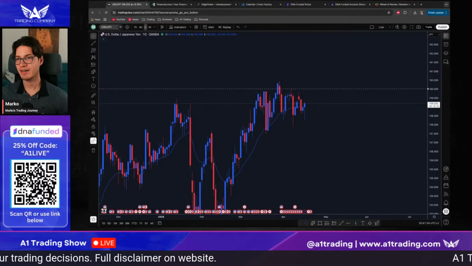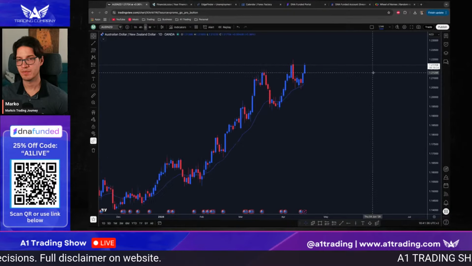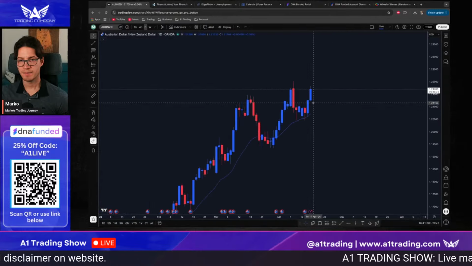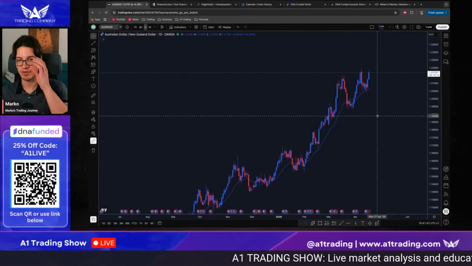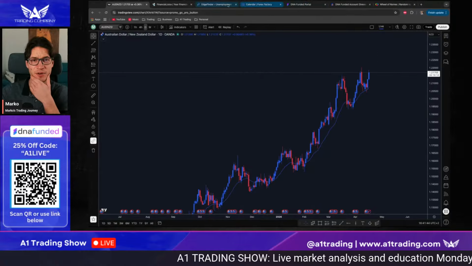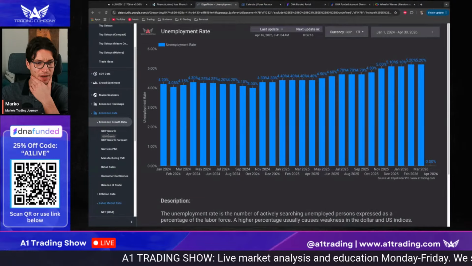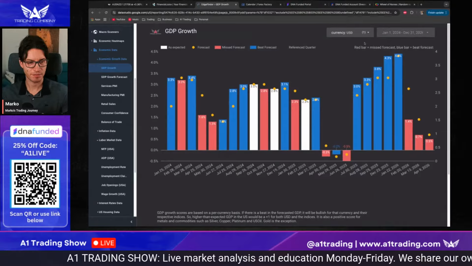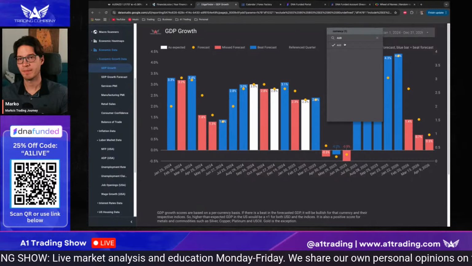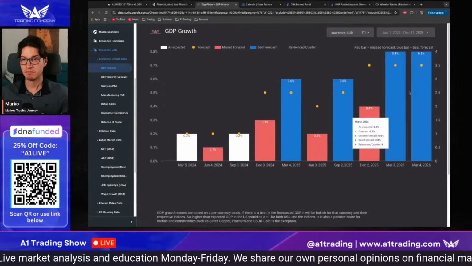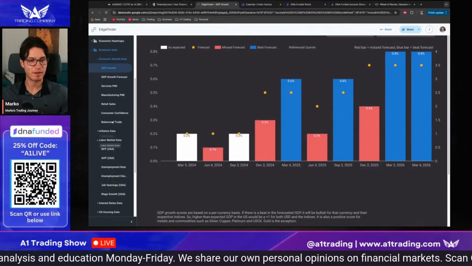Things like Aussie-NZD. So Aussie-NZD definitely works much better, and Aussie as a currency in general. So Australian dollar, I think if you do the same sort of analysis, we can do it here. If you look at the GDP and we go to AUD, pretty good and climbing.